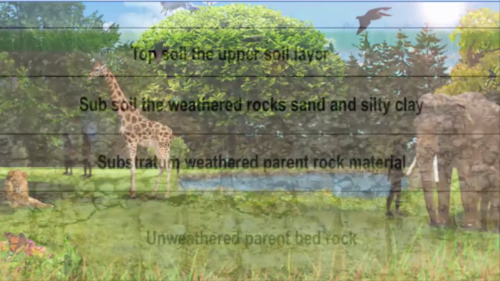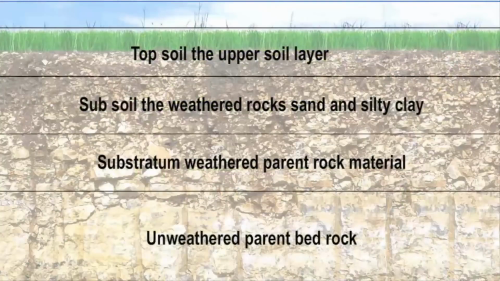The layer of soil may be a few centimeters to several meters thick in different regions. Usually, when we say soil, we refer to the thin layer of the top soil or the fine upper layer of soil in a region.